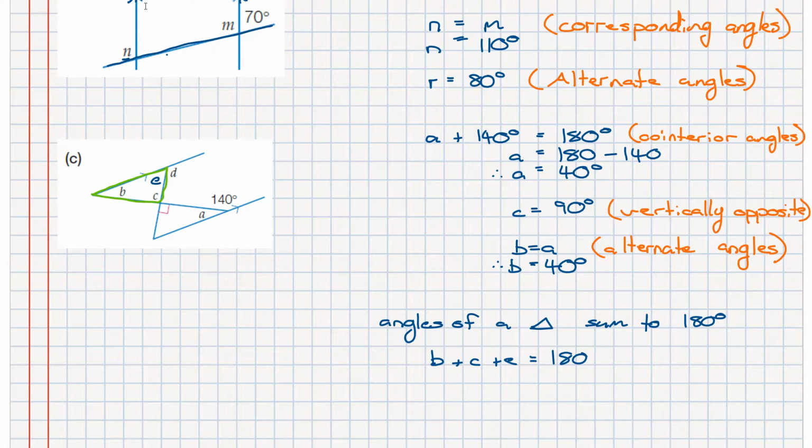Now look at the relationship between E and D. So if we're looking at E and D, what we find is that E plus D must equal 180 degrees as well.